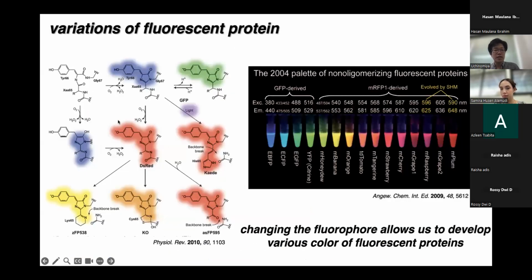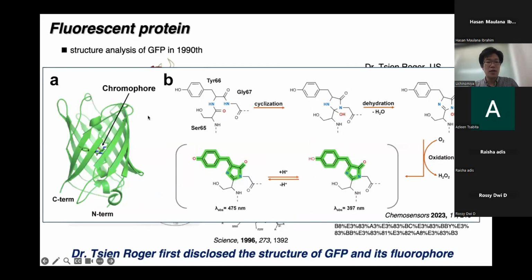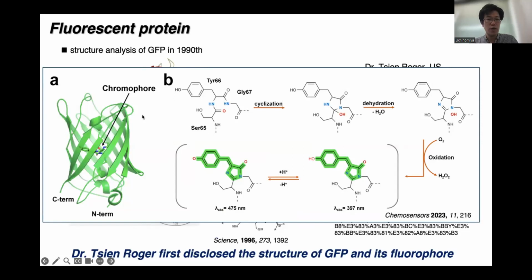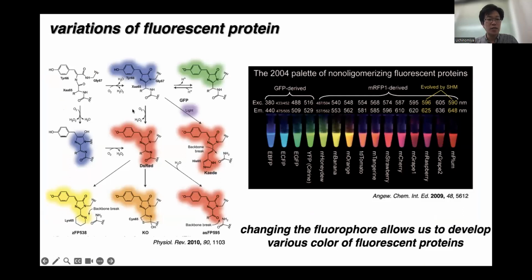Okay, so nowadays, as I mentioned, various colors of fluorescent proteins have been developed based on the discovery of Dr. Roger Tsien. As shown above, he discovered the mechanism of formation of the fluorophore, and by changing the amino acid sequence, researchers have successfully developed various colors of fluorescent proteins.